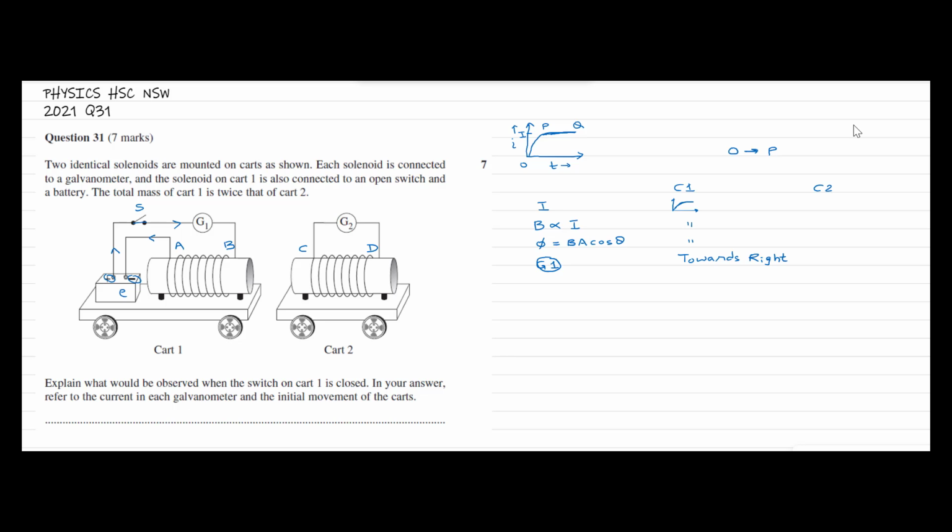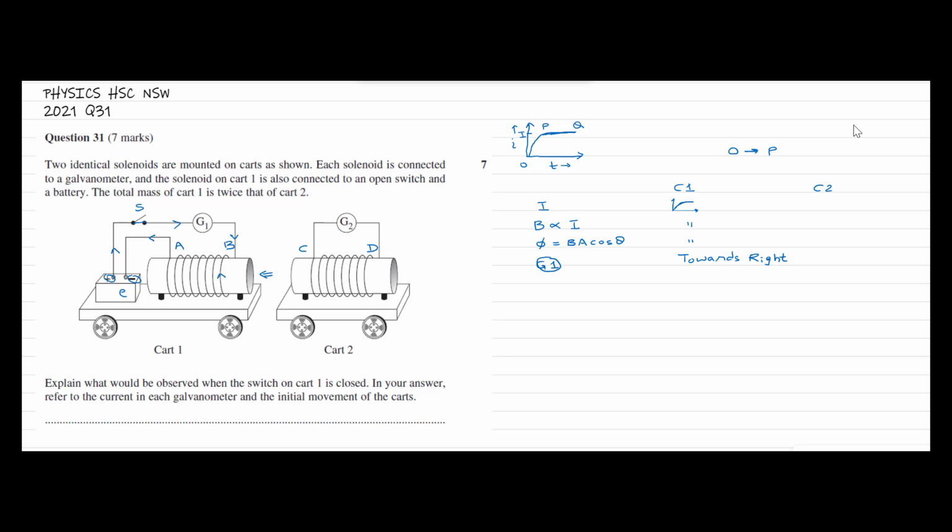Now if you observe very carefully, the direction of current enters the coil like this, and then the current moves like this. If a person is looking into the solenoid of card 1 from this direction, is the direction of the current clockwise or anti-clockwise?